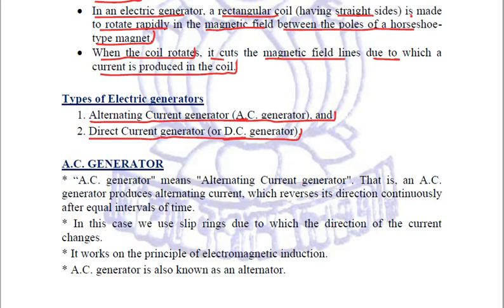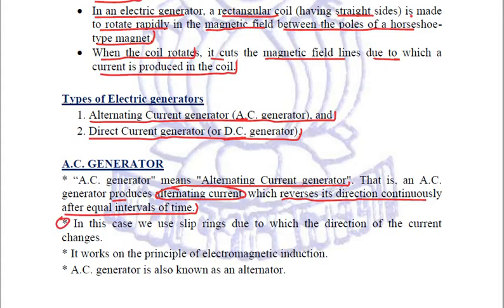AC generator means alternating current generator. That is, this is going to produce an alternating current, means the current which reverses its direction continuously after equal intervals of time.